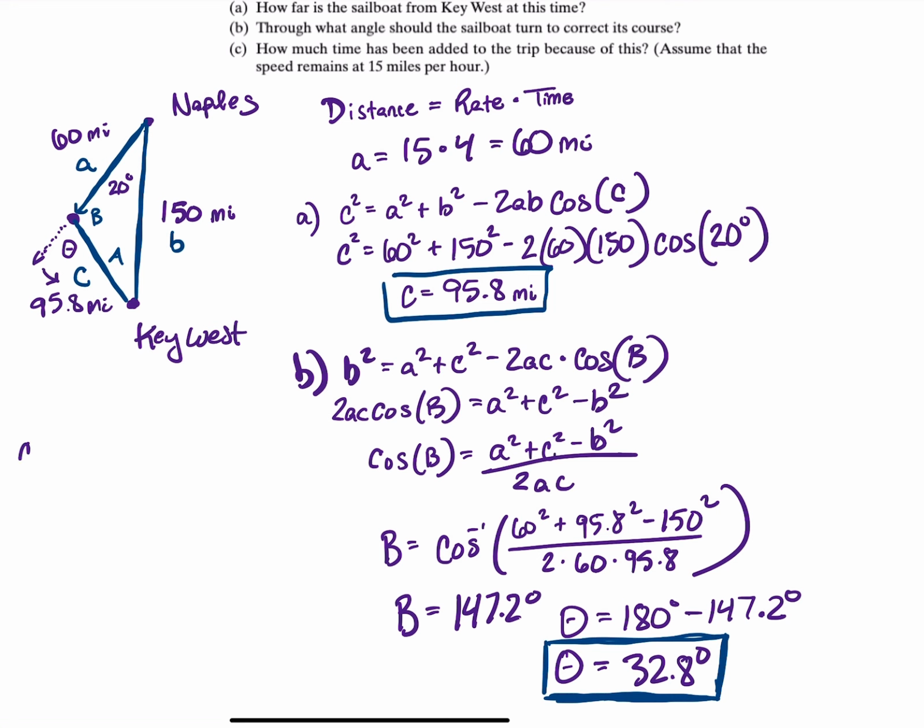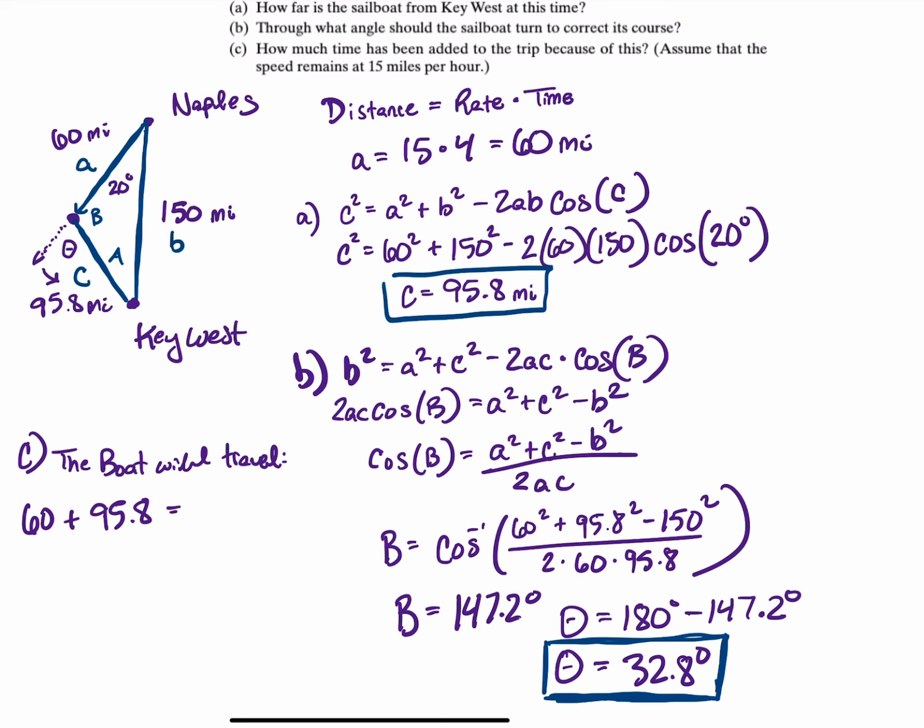So I'll do part C over here. So the boat will travel 60 miles off course, and then plus the 95.8 miles, that's that side length c to get back to Key West.